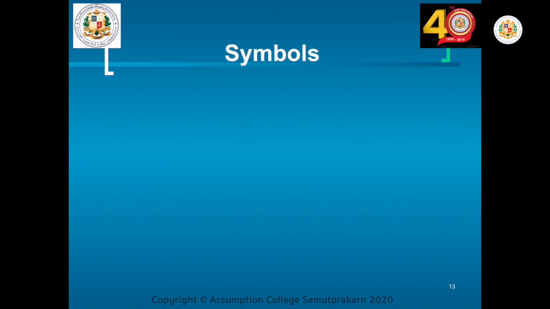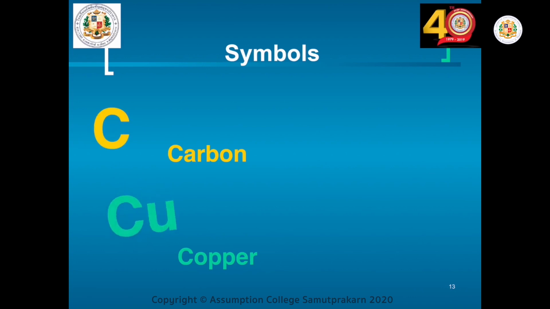And one of them is that the elements are arranged in different ways. Each of them has their own atomic mass and also their own atomic number. And aside from that, each of them has their own symbols. Now, for example, we have carbon and copper. Carbon, if you look at the periodic table, has the symbol C, while copper has the symbol Cu.